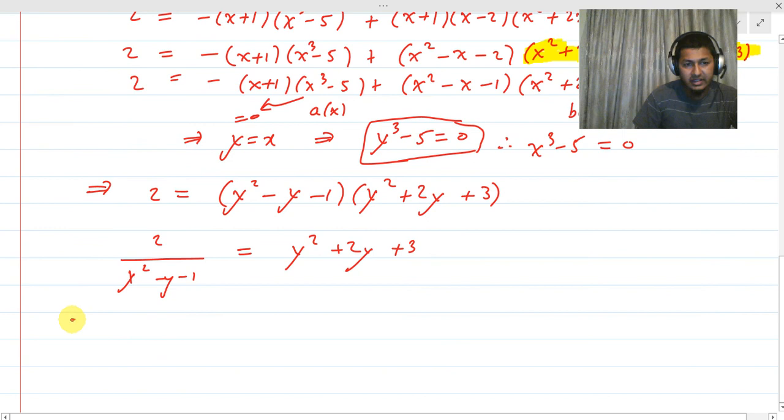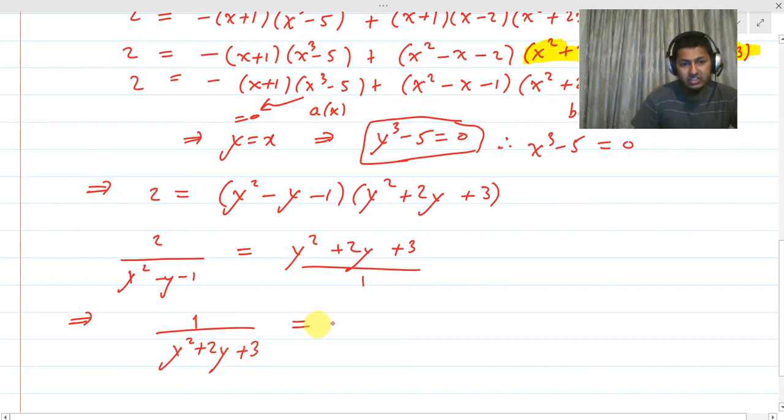This implies if we flip the fraction, right, so this is over 1, we're going to get 1 over gamma squared plus 2 gamma plus 3, which is actually equal to gamma squared minus gamma minus 1, should be gamma minus 1 over 2.